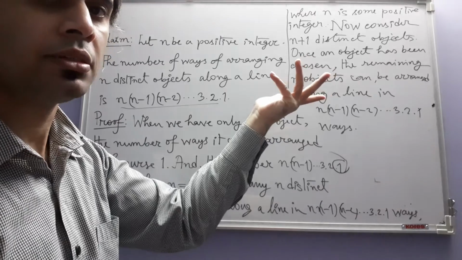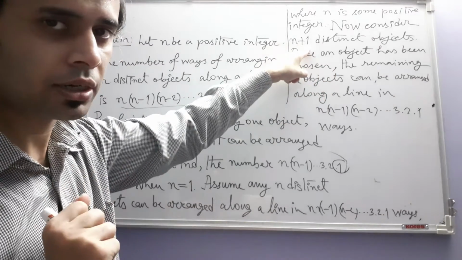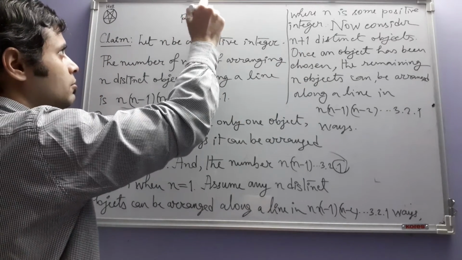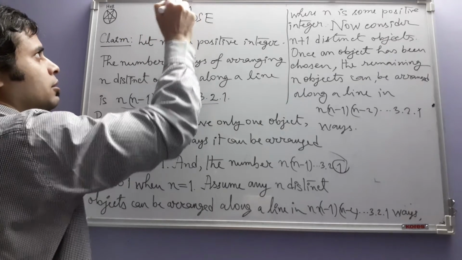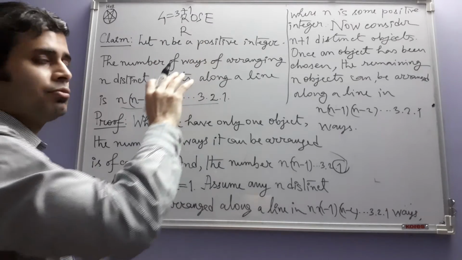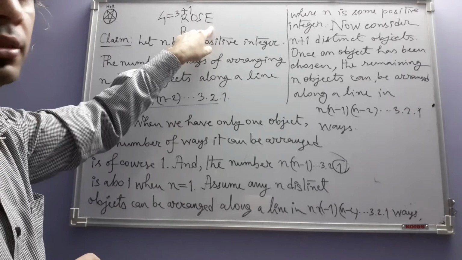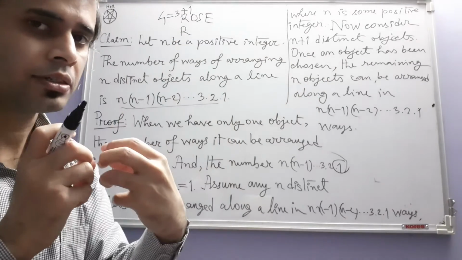n plus 1 ways, because there were n plus 1 objects. For example, in rose, I had 4 objects, which is 3 plus 1. So to choose the first object, I have 4 choices, R, O, S and E. Here I have n plus 1 choices for the first object.